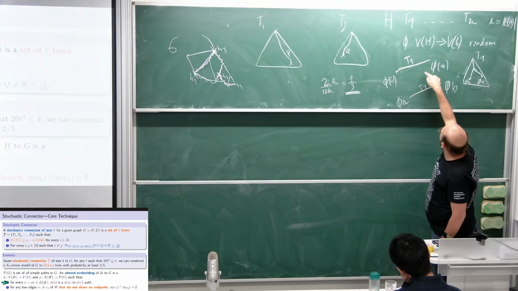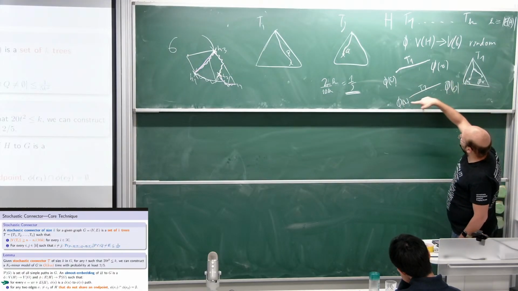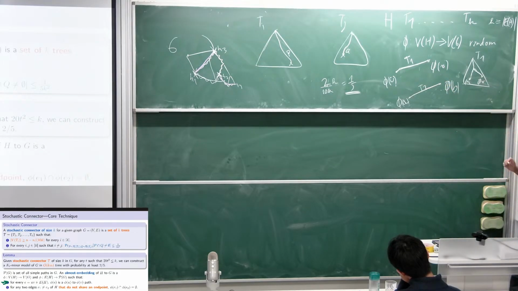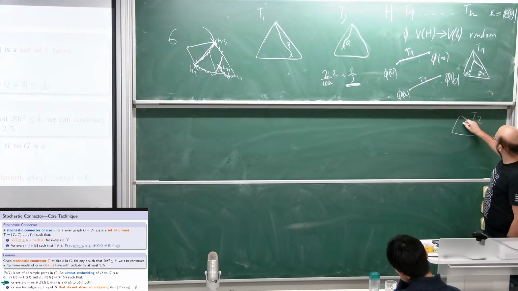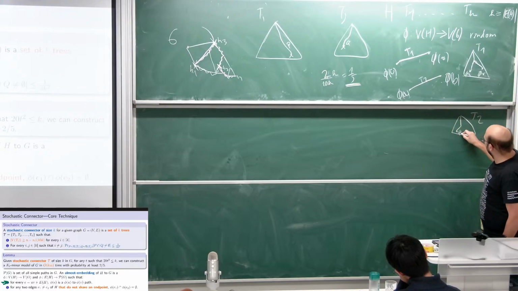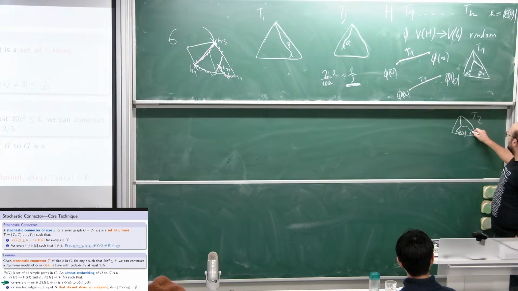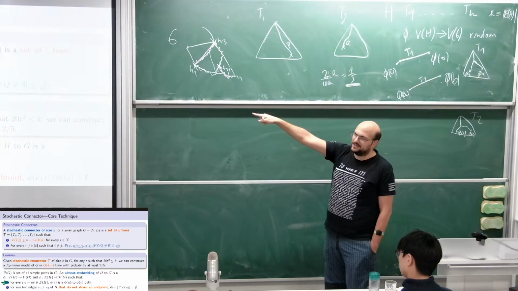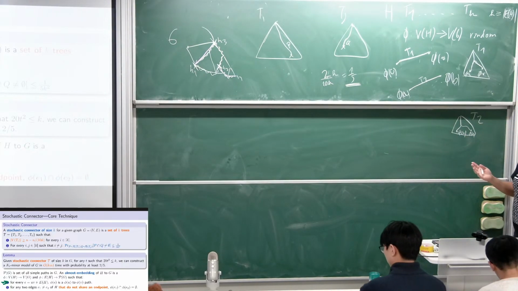So I have now two independent edges, which means those four mapped vertices of G are the endpoints. Now I look at the connectors, T1 and T2. There is phi A, and there is somewhere phi B. And now I will use the probability property 2 of the stochastic connector to satisfy property 2 of the lemma.